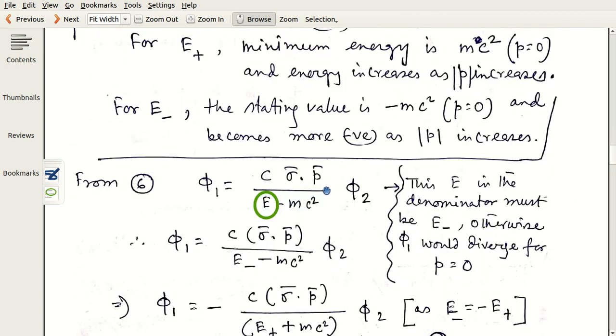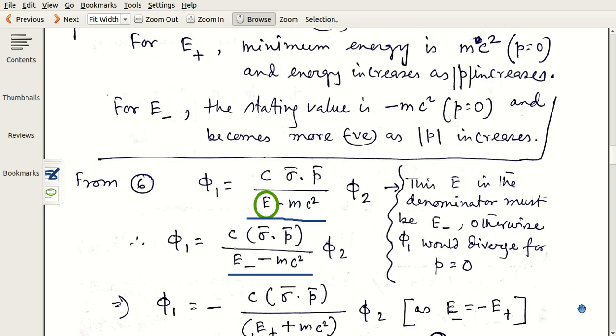I repeat this part. If P equals 0, then the denominator becomes 0 if you use the positive energy. So to protect this, you must use the negative energy here. That means you must use E minus here. You see, I have written E minus here, just to protect phi 1 from diverging.